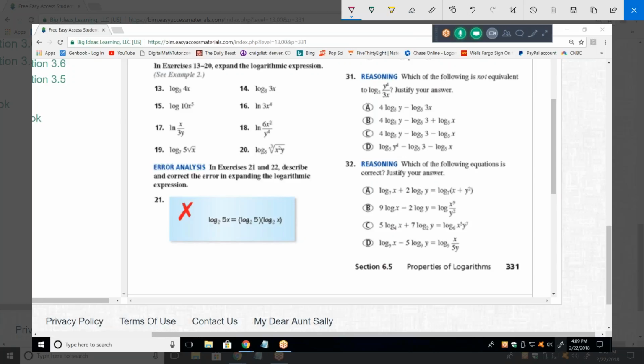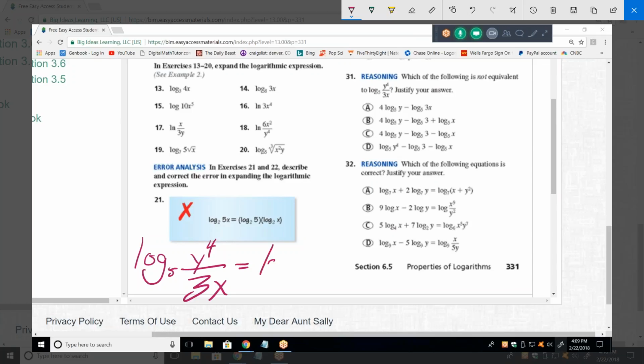Okay, so let's separate it. In other words, the log base 5 of y to the 4th over 3x. Now we're going to apply the order of those rules opposite. We're not going to do the exponent until last. So separate that into 2 log expressions for the moment.